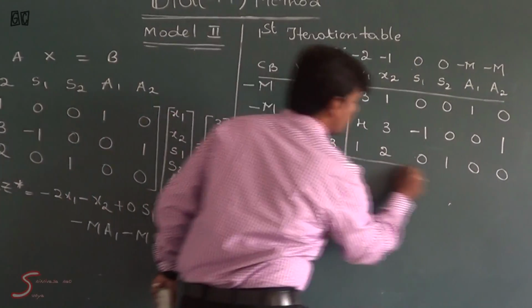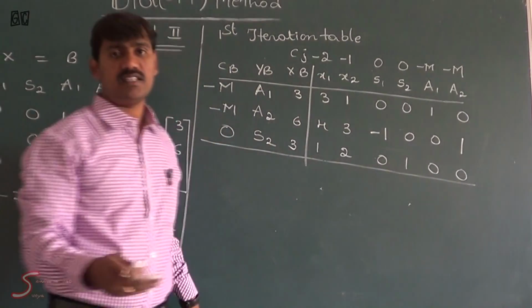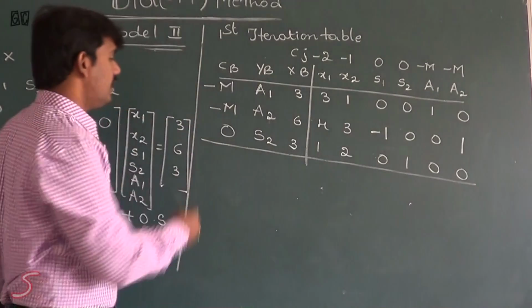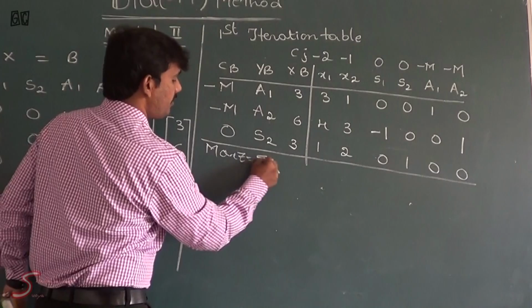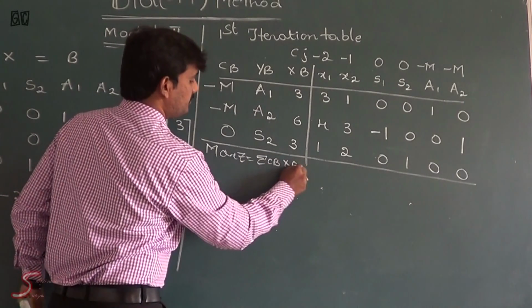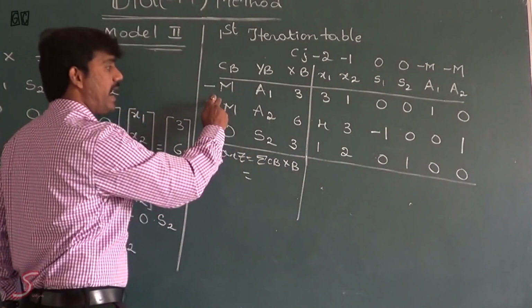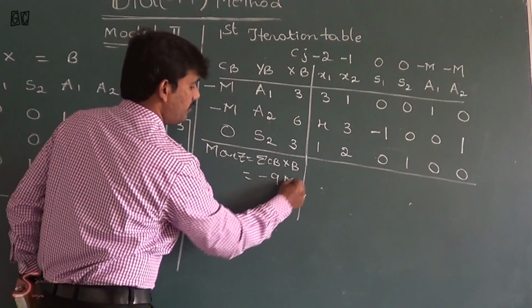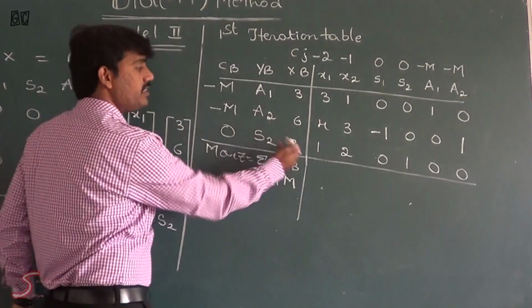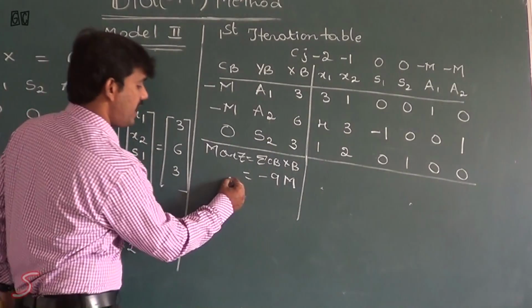After this, we have three major steps like in the simplex method. The objective function, maximum of z equal to summation CB into XB, that equals minus 3M minus 6M, that is minus 9M, 0 and anything 0. After this we have zj.